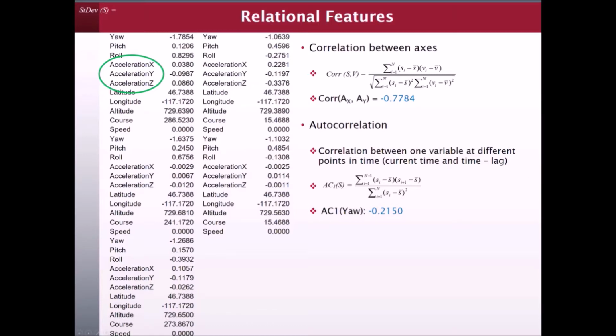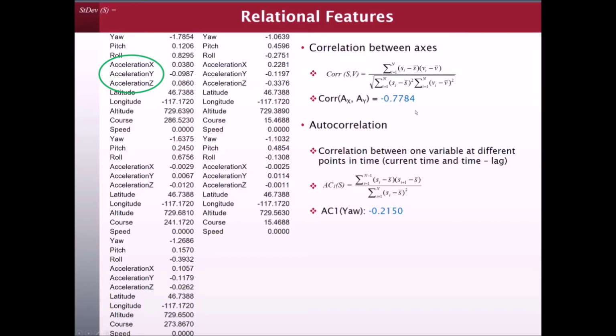The correlation between the values of multiple axes might indicate that there's movement going on in multiple directions, and thus give us a better sense of how that movement is occurring throughout the space. So in this case, we can compute the correlation between acceleration in the X and Y axes and do the same thing for X and Z and for Y and Z.